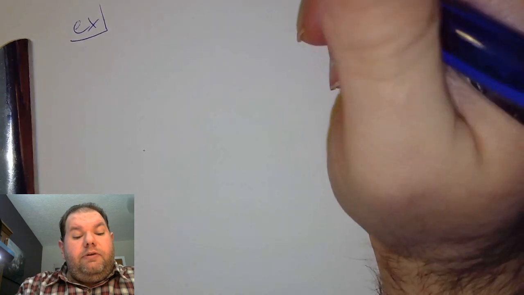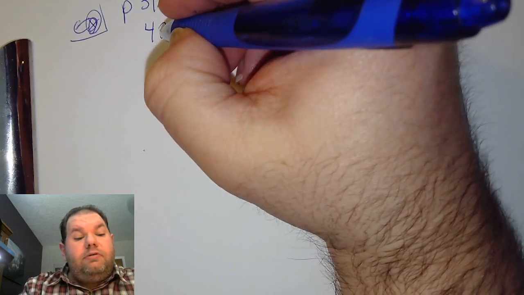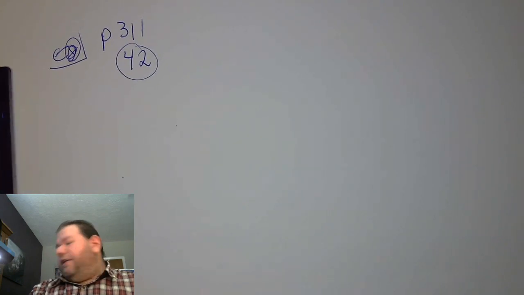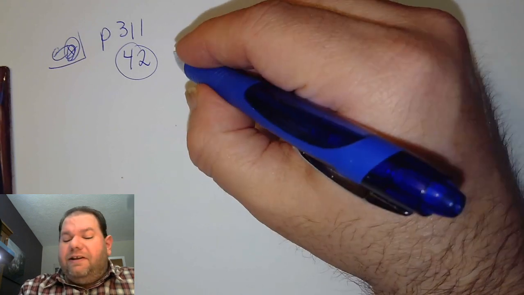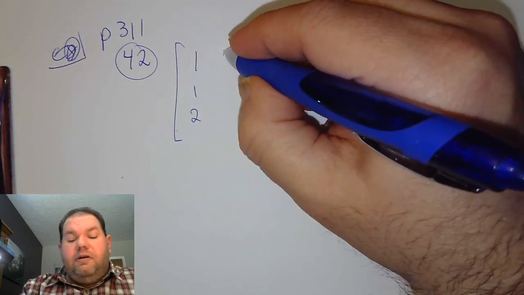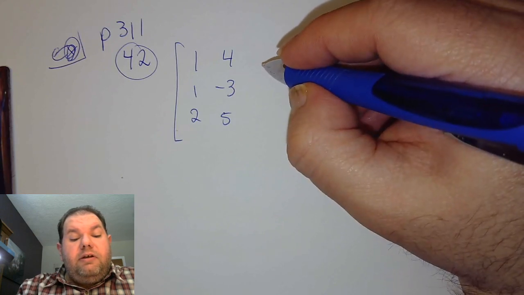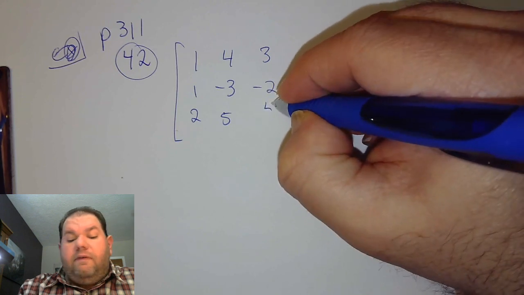I will use page 311, problem 42. Let's see. 1, 1, 2, 4, -3, 5. And there's a 3, -2, 4.